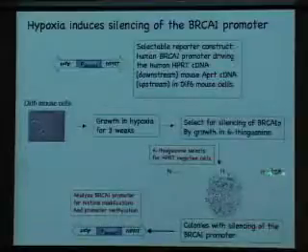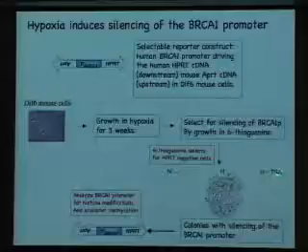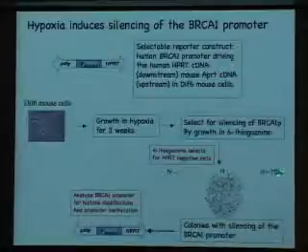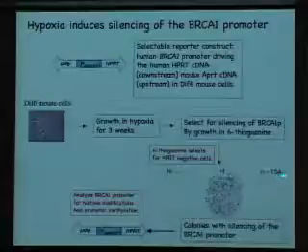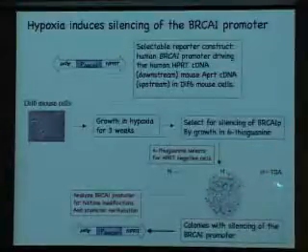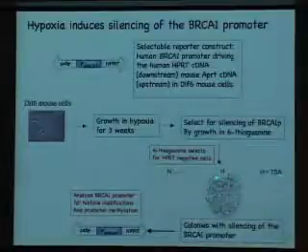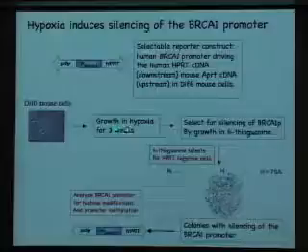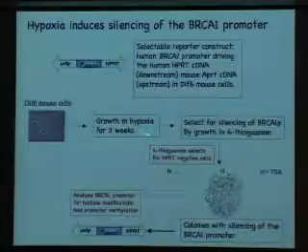If you also add trichostatin A, which is a histone deacetylase inhibitor, it's not one clinically used, but it's a very potent one, it tends to reactivate genes, and you can prevent that silencing or reverse it. So the point is that you can select for cells that have undergone silencing due to hypoxic treatment.